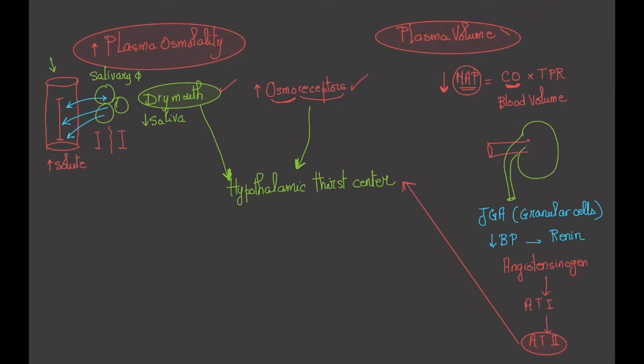Also, having low plasma volume will reduce my blood pressure, and once the juxtaglomerular apparatus detects the decrease in the blood pressure, this will stimulate the release of renin. Renin will then convert the angiotensinogen into angiotensin 1, and then it will be converted into angiotensin 2, which activates your hypothalamic thirst center.